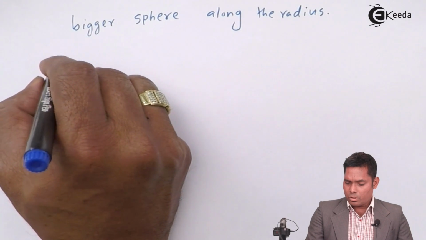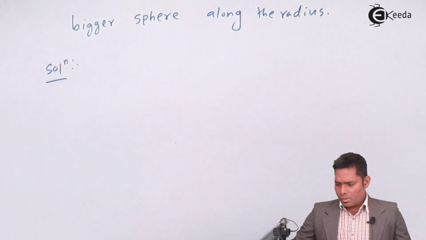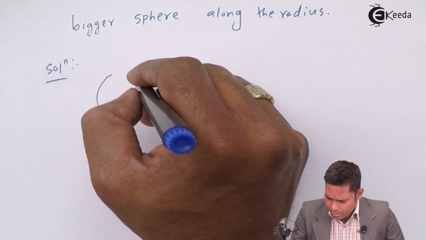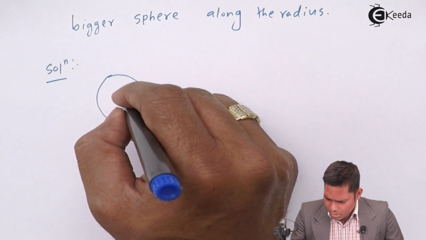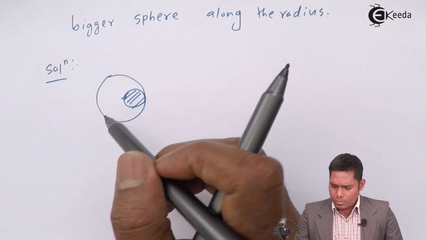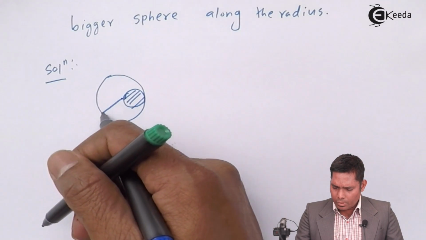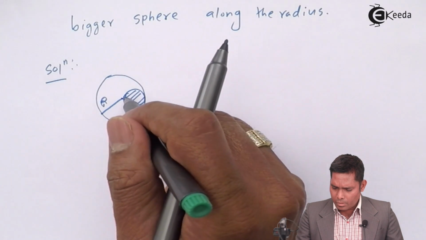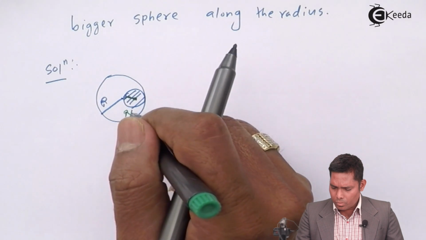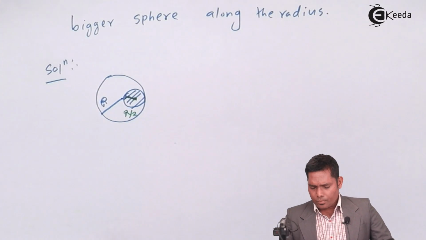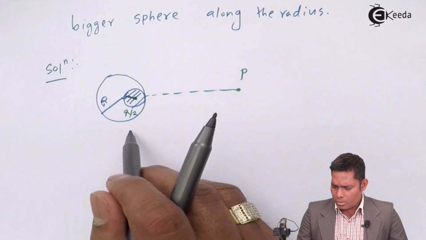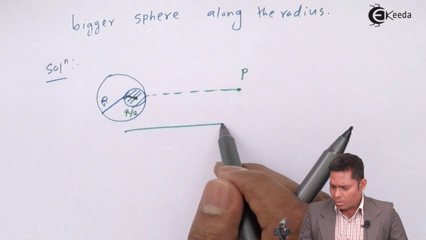Now the solution to the question. When I have a whole mass and some portion is removed, this much is removed and this much is left. Now this one has radius r and this one has radius r over 2. This point P is placed here, and the distance from here to here is r.